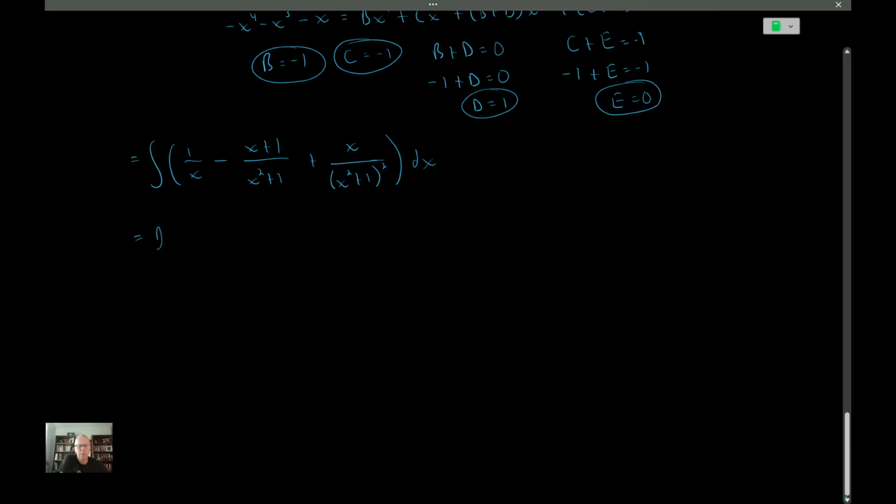1 over x, of course, is the ln of absolute value of x. Now, this x plus 1 over x squared plus 1, we're going to separate that out like we did in the last problem. So x over x squared plus 1, and then minus 1 over x squared plus 1. And then this one, we can do substitution with this.